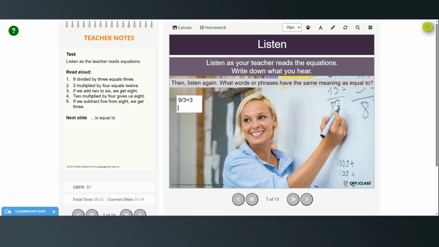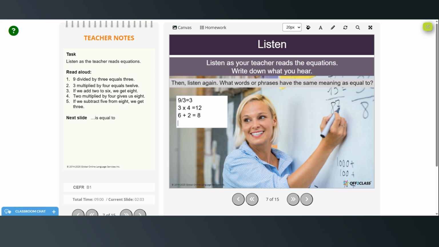Number 2 was 3 multiplied by 4 equals 12, so 3 times 4 equals 12. Okay, number 3, if we add 2 to 6, that would be 6 plus 2 equals 8.